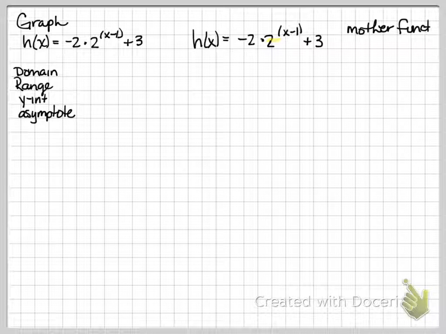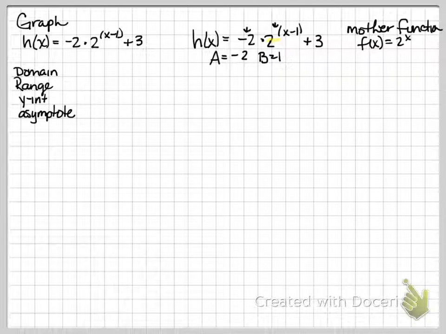Okay, the mother function is f of x equals 2 to the x, like I said. Alright, so our a is going to be the negative 2. The b is going to be this number that's right inside here. This number right here. So that's just 1.